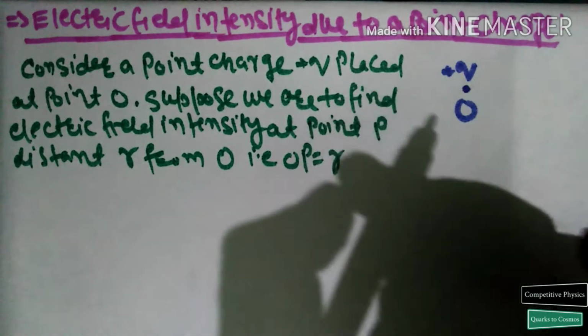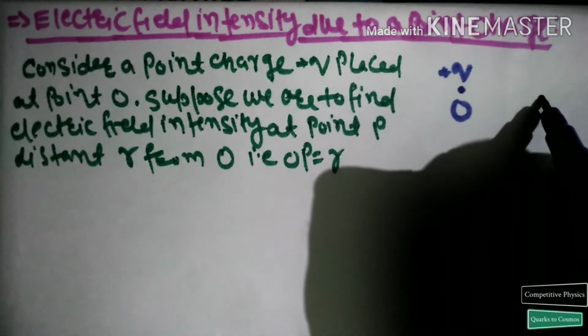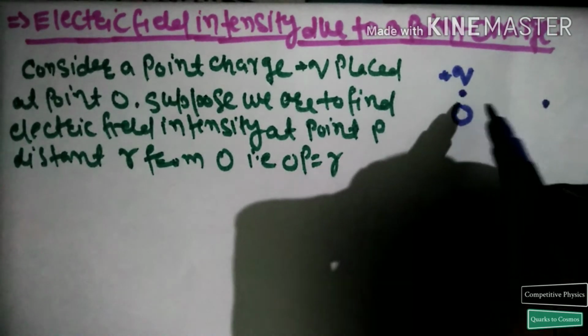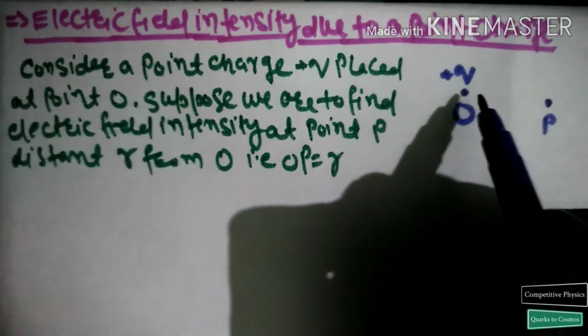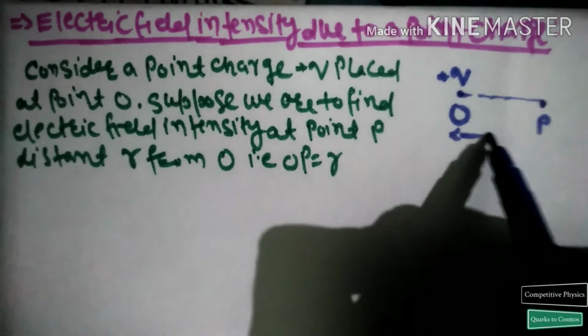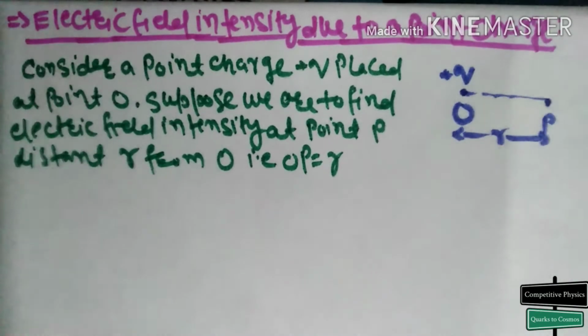It means we need to find the electric field intensity due to this charge at some point P, and this point is at distance r from it.